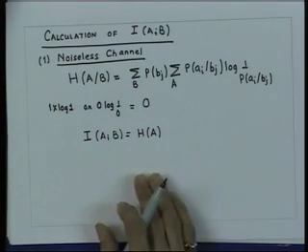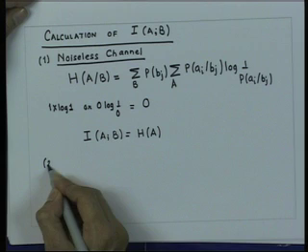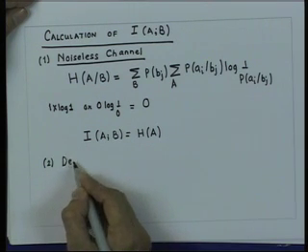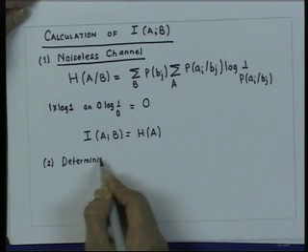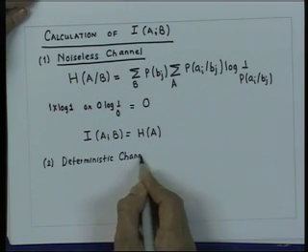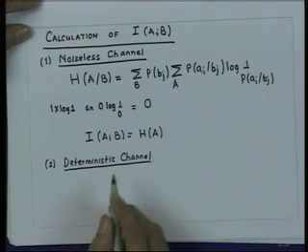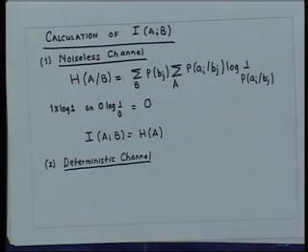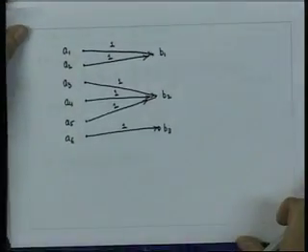Now, let us look at the calculation of I of A;B for a deterministic channel. The example of a deterministic channel is shown here.